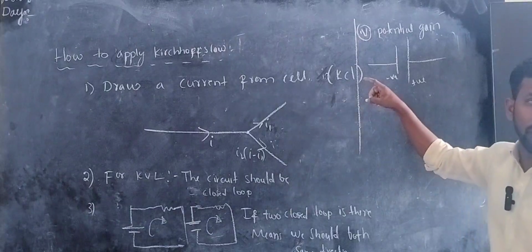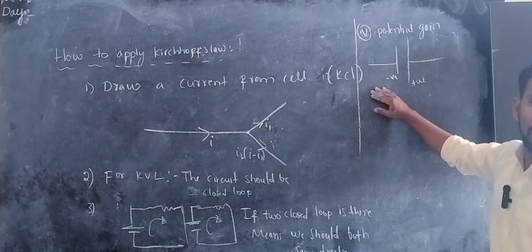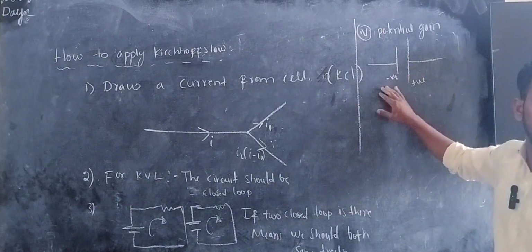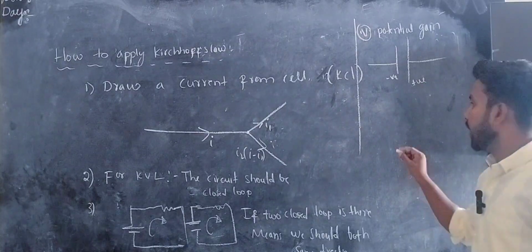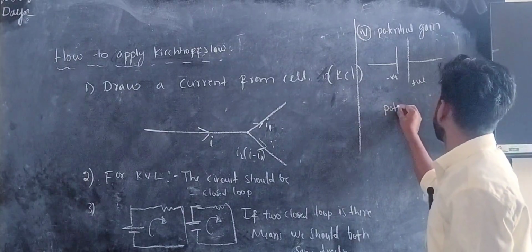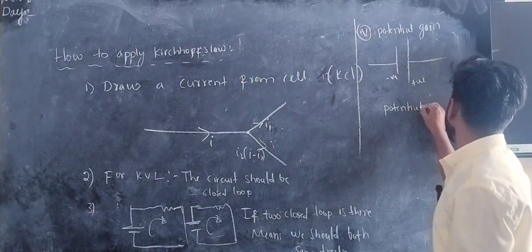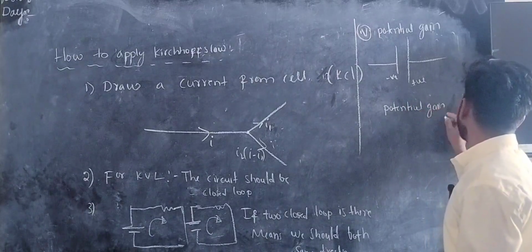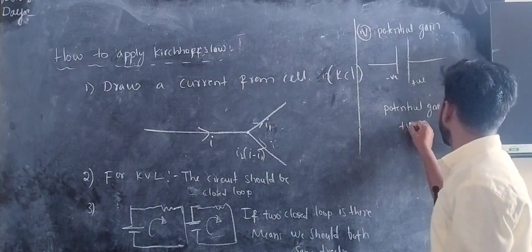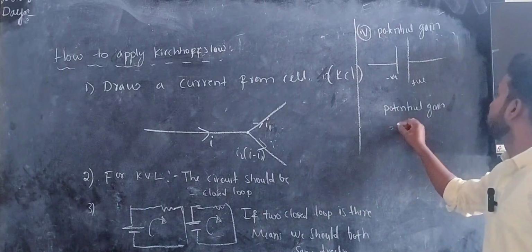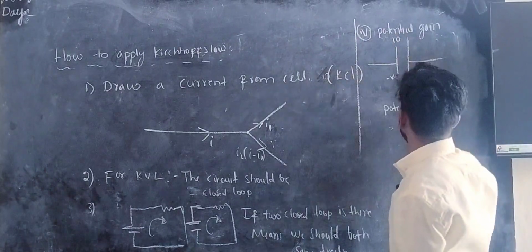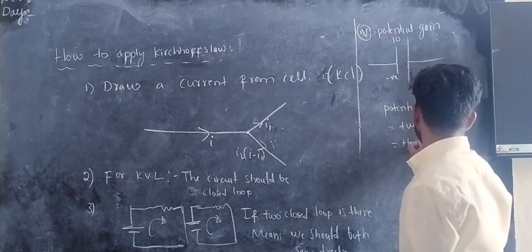When we are going from the negative terminal to the positive terminal, there is a potential gain. Here the symbol should be positive. For example, this 10 volt is taken as plus 10 volt.